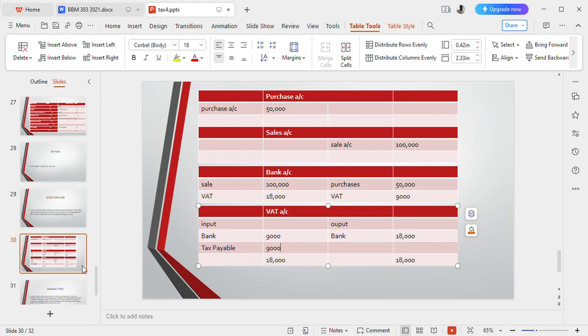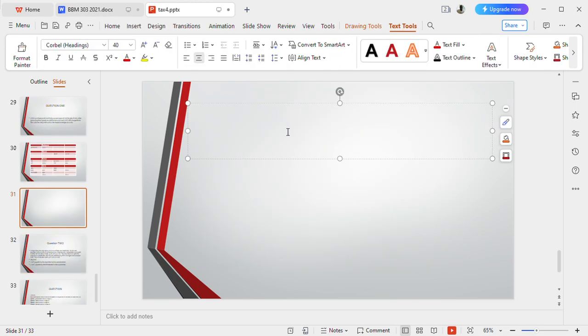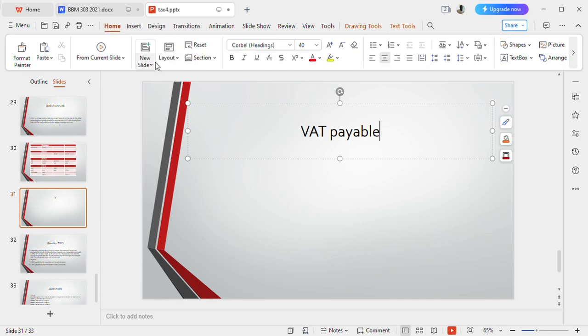Now, assuming that you're just told to determine the VAT payable, then there is a formula. So for you to determine the VAT payable, we said output minus the input. So let's see if we will get the same.